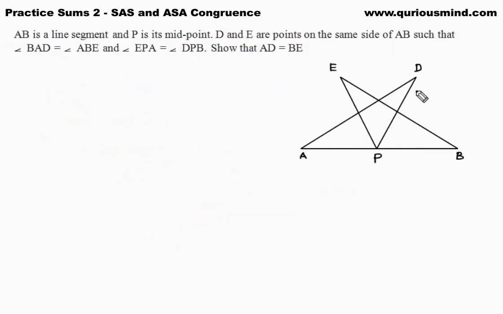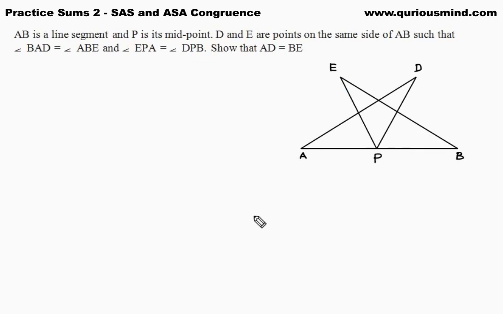AB is a line segment and P is the midpoint. D and E are points on the same side of AB, such that angle BAD is equal to angle ABE and angle EPA is equal to angle DPB. We have to show that AD is equal to BE.